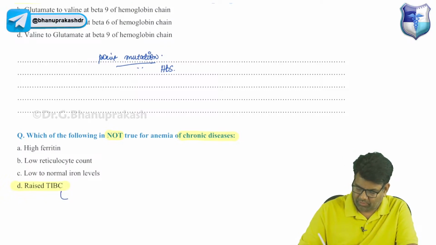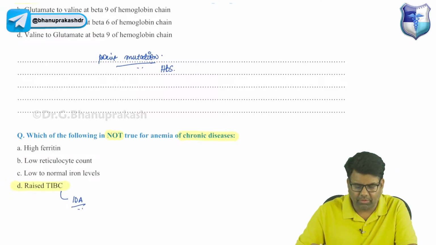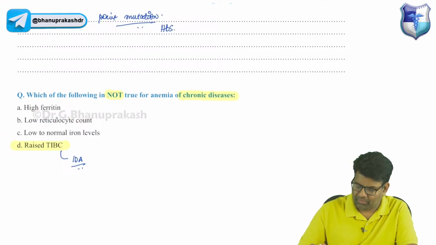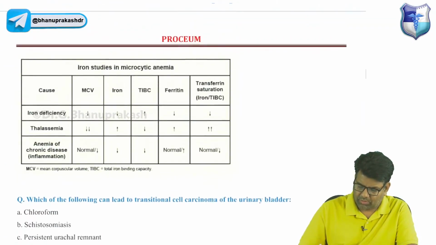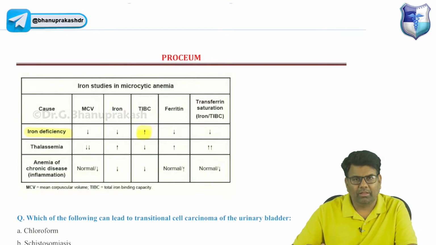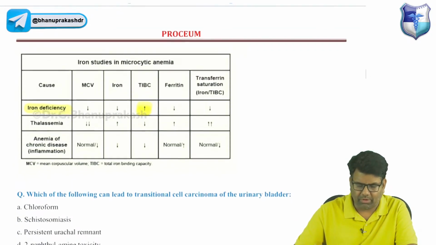It is a feature of iron deficiency. Very good. So raised TIBC is a feature of iron deficiency anemia. Just remember that raised TIBC is a feature of iron deficiency, not anemia of chronic disease.